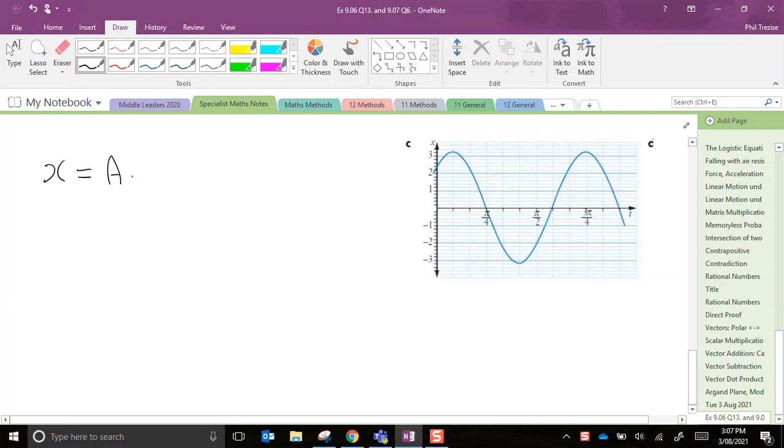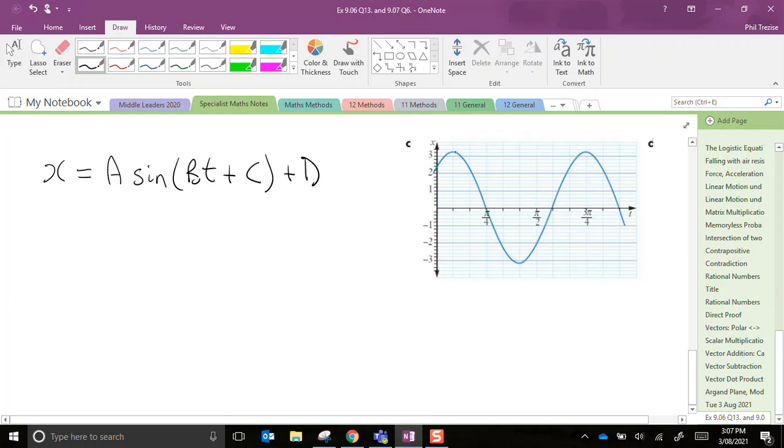It doesn't really matter which. I might pick sine of bx, sorry, that would be t, the horizontal variable, it's a function of time, plus c, the phase shift, plus d.